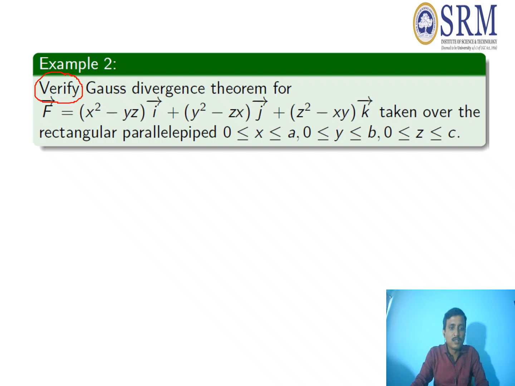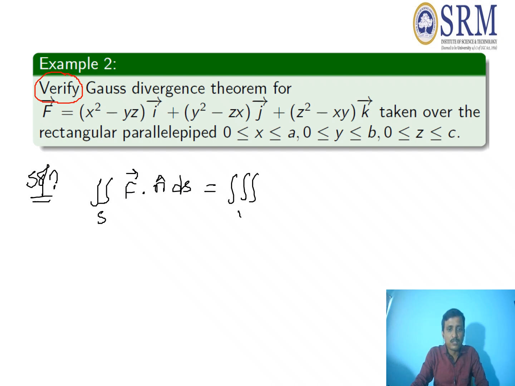So what is the statement? The statement of the Gauss divergence theorem we know: the surface integration, the LHS, that is F dot n dS, is equal to the volume integration, the right hand side, the divergence of F dV. One by one we can see.